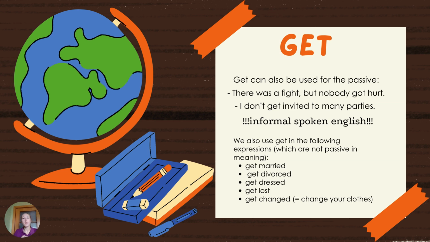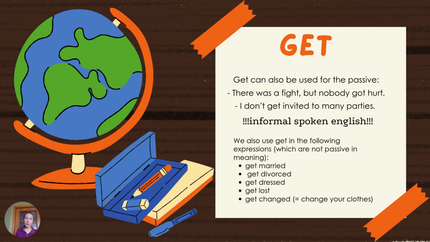I don't get invited to many parties. But one more time, this is really important to notice a vital problem that somebody could use it in formal English. We have two kinds of English, informal and formal, like informal text and formal text.